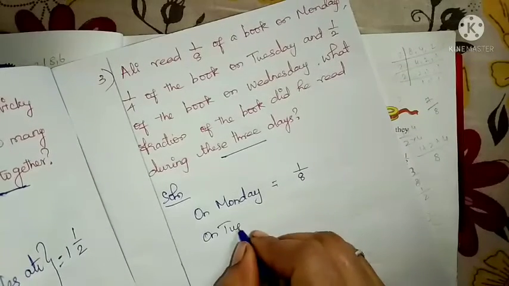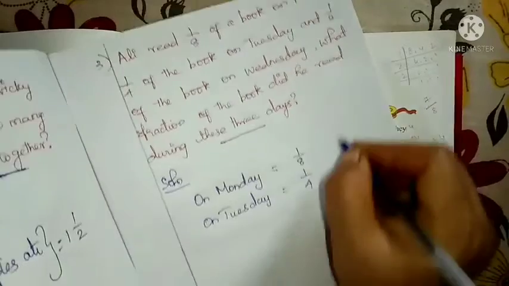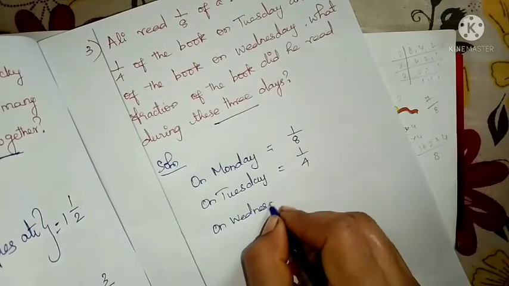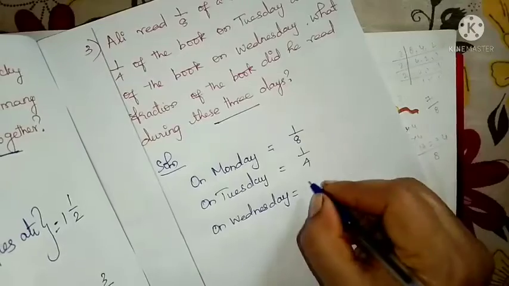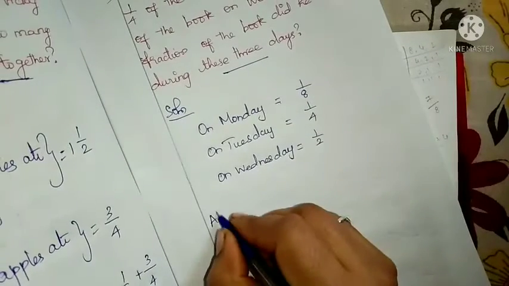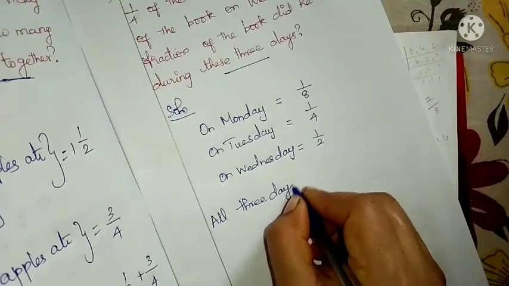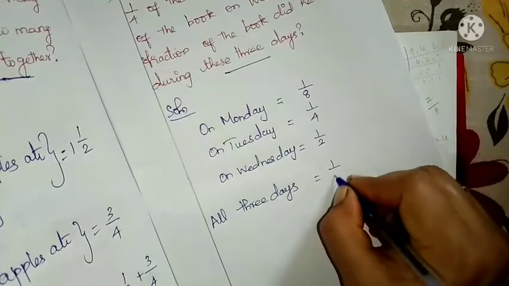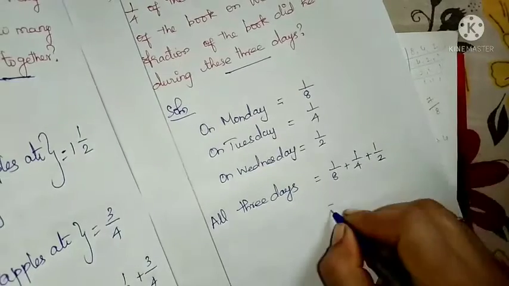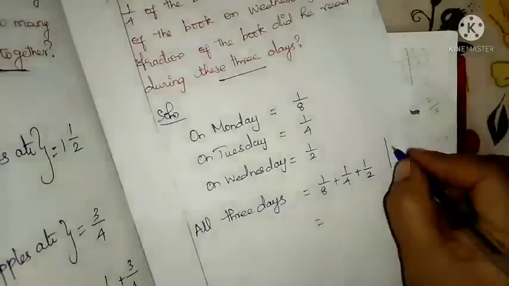On Tuesday, 1 by 4. On Wednesday, 1 by 2. So we want to find for all 3 days. Okay, so we should do addition. The denominators are different, so we want to take the LCM.